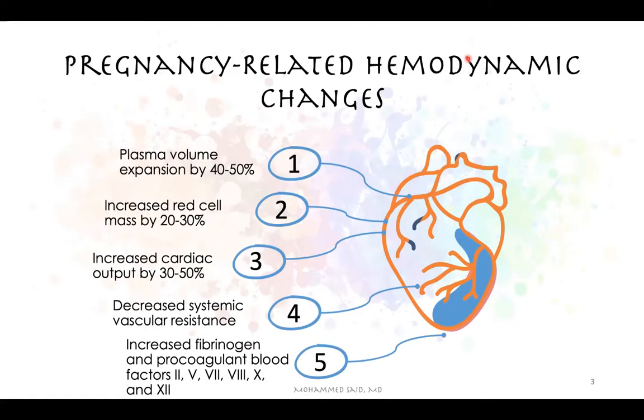So let's first talk about the pregnancy-related hemodynamic changes. What happens when women get pregnant? Imagine that you're producing some kind of product and then at some point you have increased demand, so you want to deliver more of these products to your consumers. First you will increase the production, let's say you're producing mobile phones.